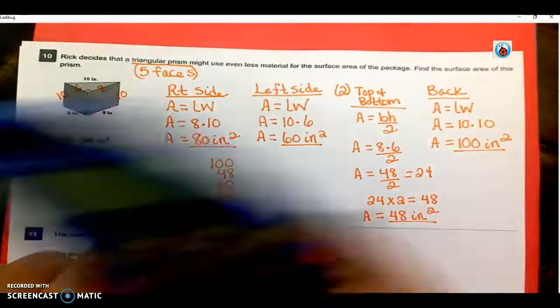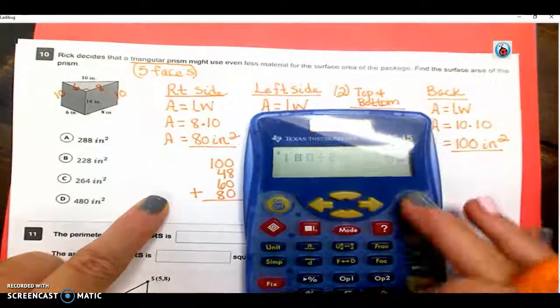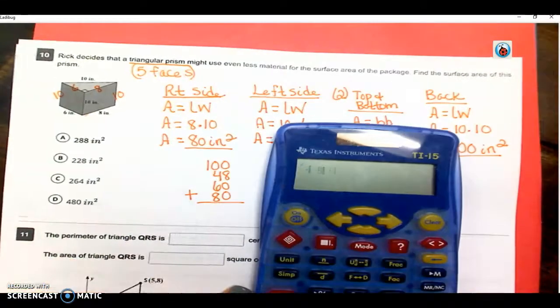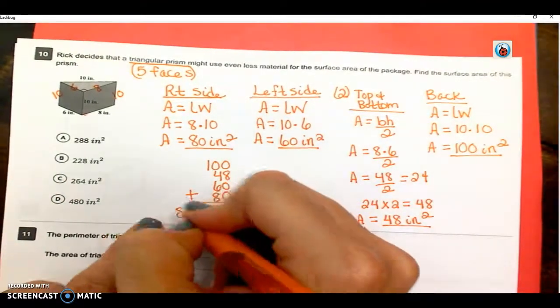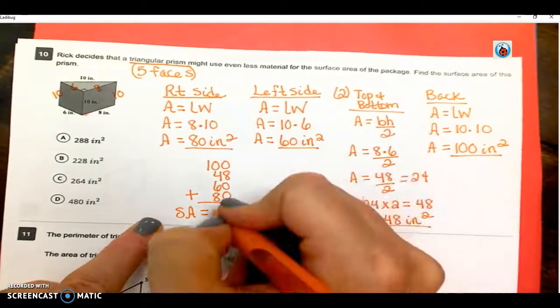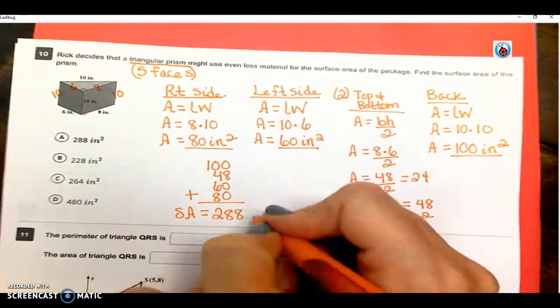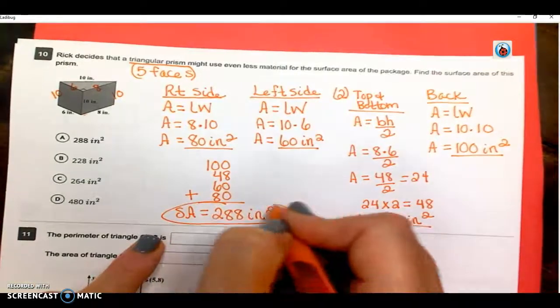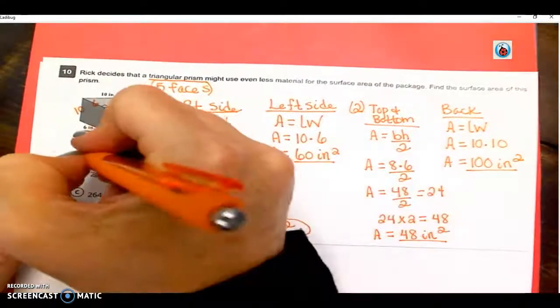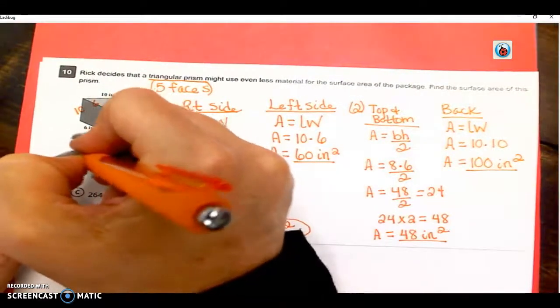You might want to use your calculators. So we have 148, 60, and 80. And that is going to give us 288. Now, we have found surface area. That is 288 inches squared as our final answer. And so we would choose A in this case.